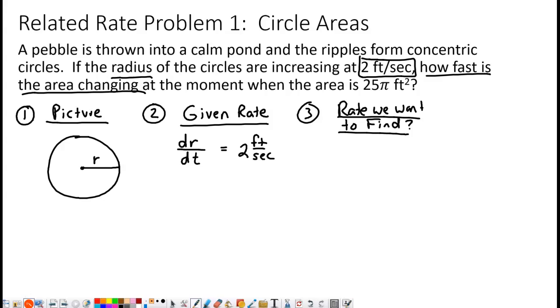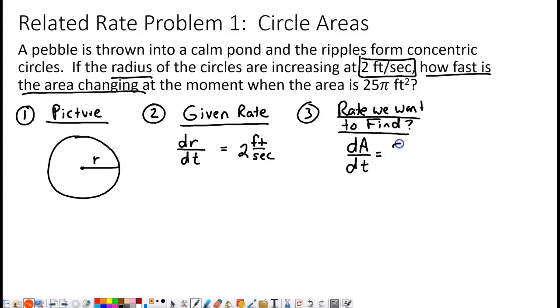That's a rate that we don't know because they're asking us how fast is it, so that means I don't know what it is. And what is that rate the rate of? It's the rate of change of the area. So we know that we're looking for how fast the area is changing over time. And so that would be dA dt, where A represents the area.